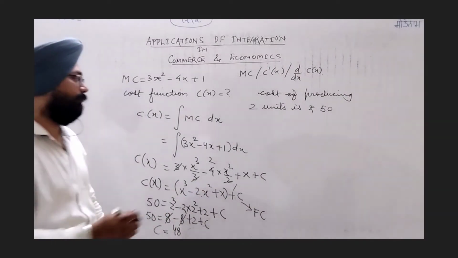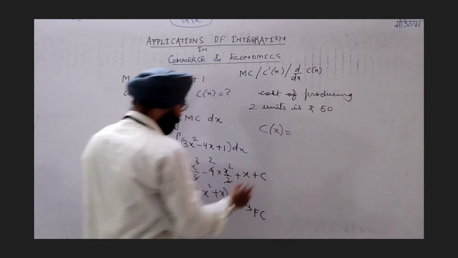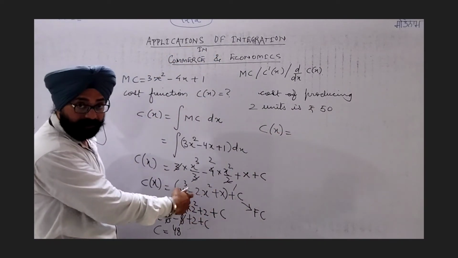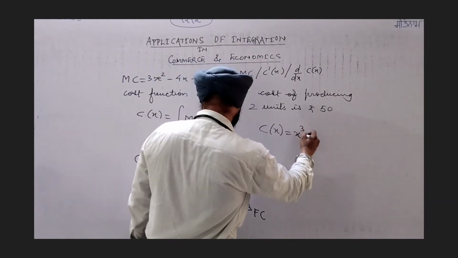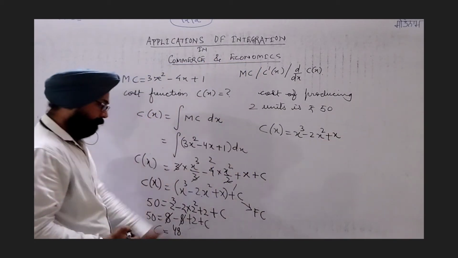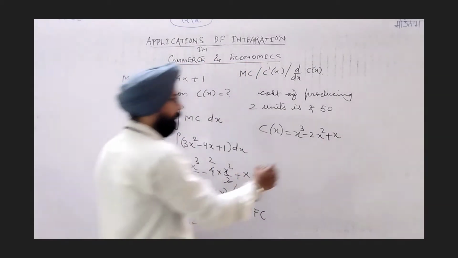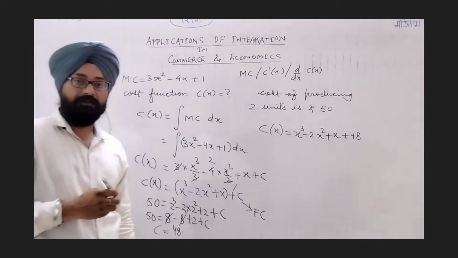Now at this stage we can finalize the required cost function. All terms of x are written as they are, so variable cost has no change, x cube minus 2x square plus x, but the fixed cost we put as 48. This makes the complete cost function.